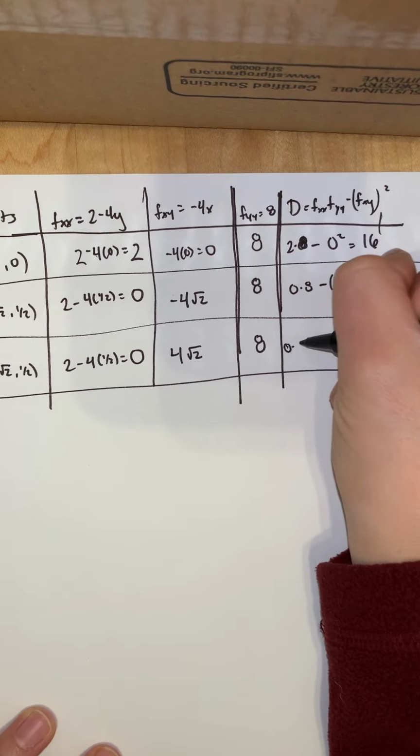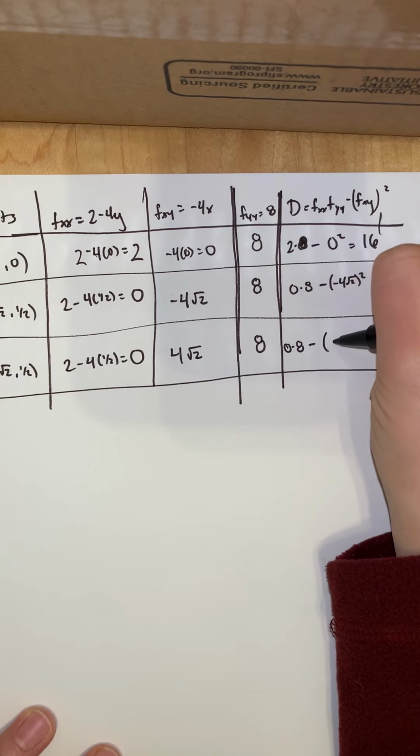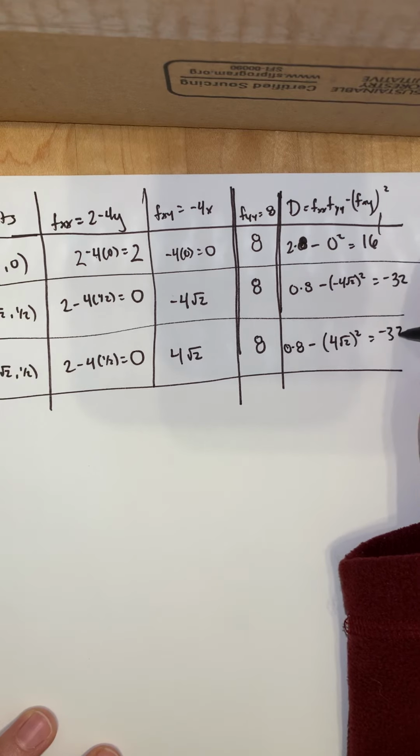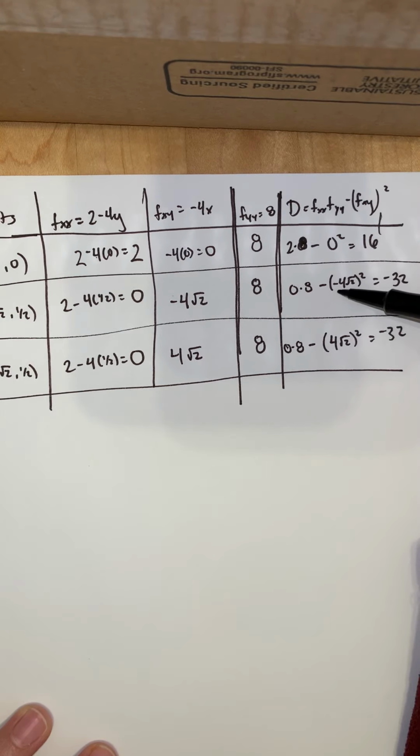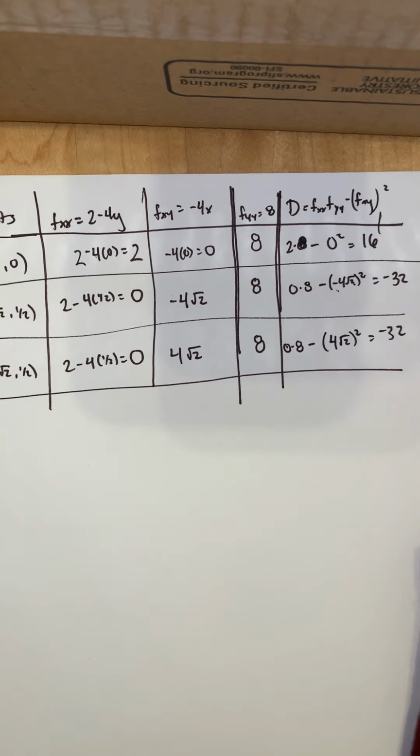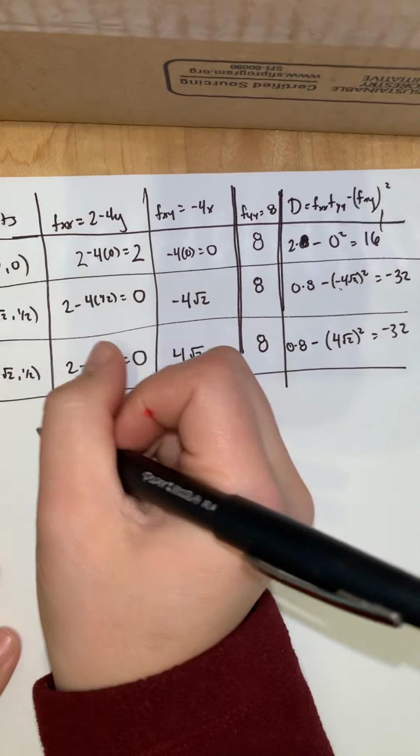And here I get, again, 0 times 8 minus 4 root 2 squared, which is negative 32. Now notice, this guy, I did plug in negative 4 root 2, but that squared undoes the negative inside. Okay, all right. So now let me classify my points.